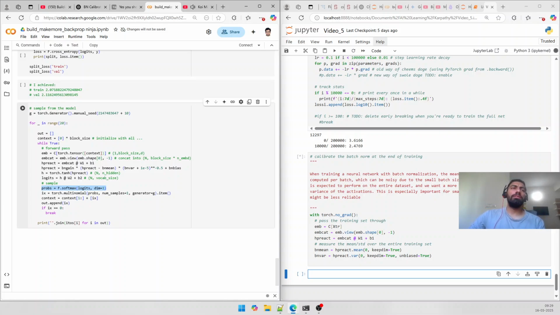Then we are trying to predict from the probabilities. We are picking up one element it is trying to predict, and we are adding that to the context vector.